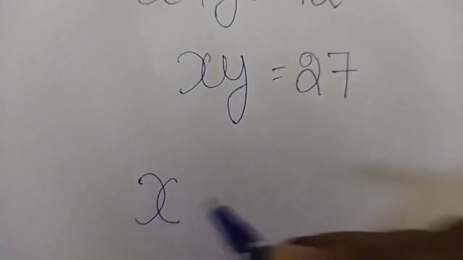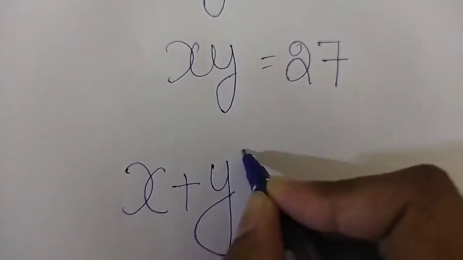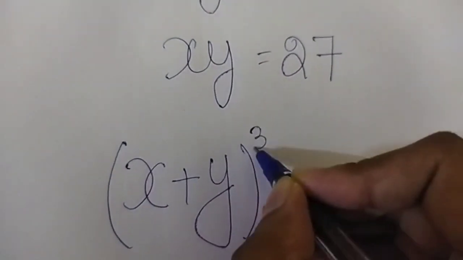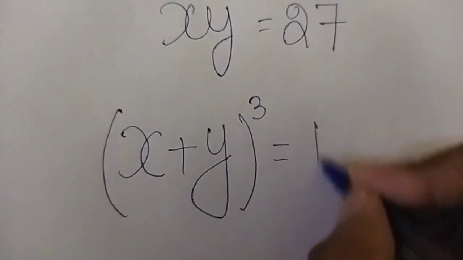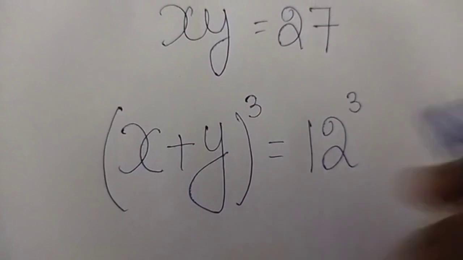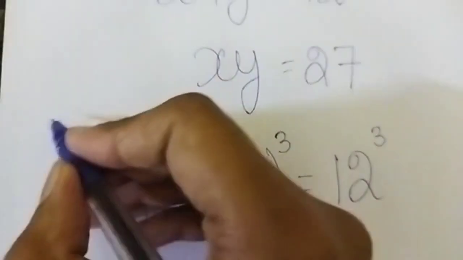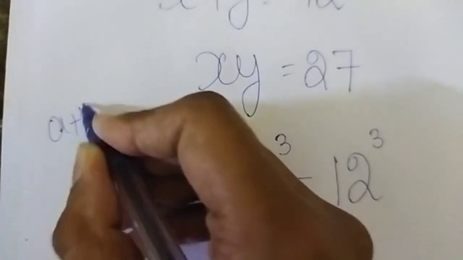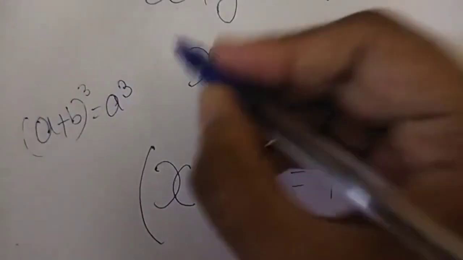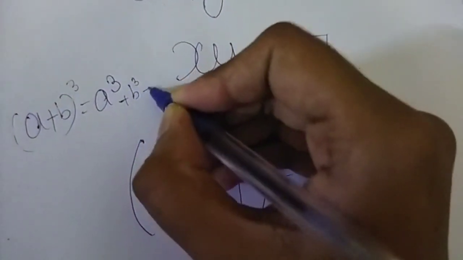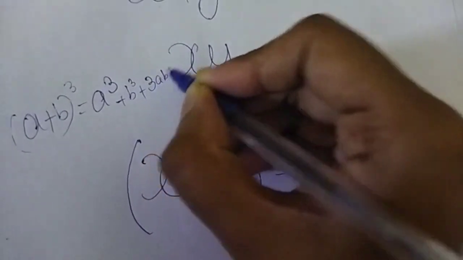Let me take x plus y whole cube. X plus y whole cube means here we get 12 cube. So what is the formula for x plus y whole cube? We know that a plus b whole cube is equal to a cube plus b cube plus 3ab into a plus b.